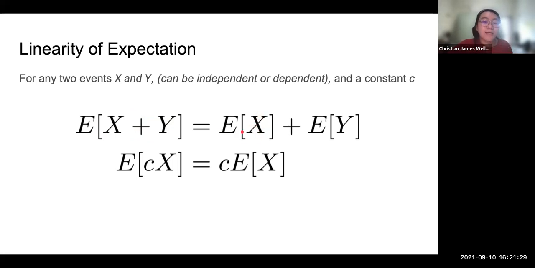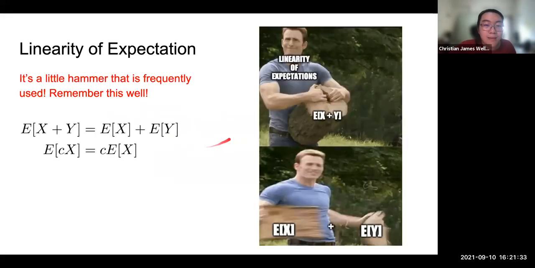Let's go through an example in a bit. But I want you to remember this well, because I use linearity of expectation almost everywhere for randomized analysis. Even in one of the modules I'm doing now, for the past 5 weeks, all I've been doing is linearity of expectations. So it's a very simple thing.